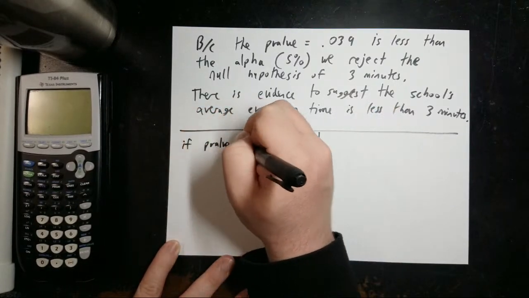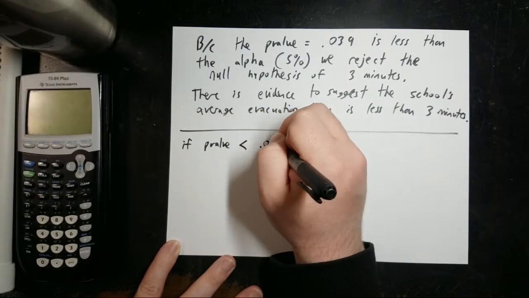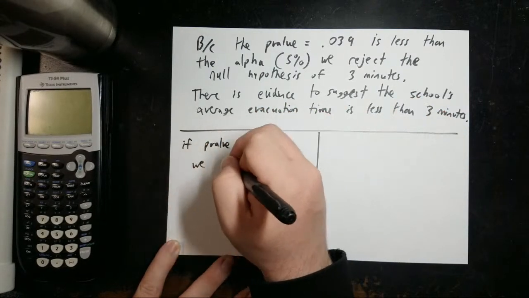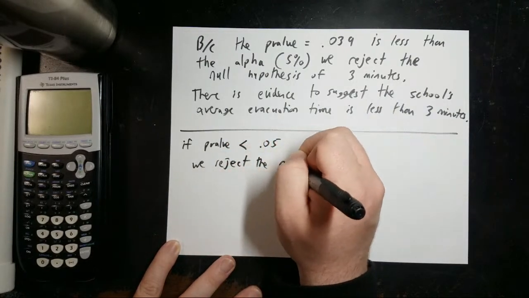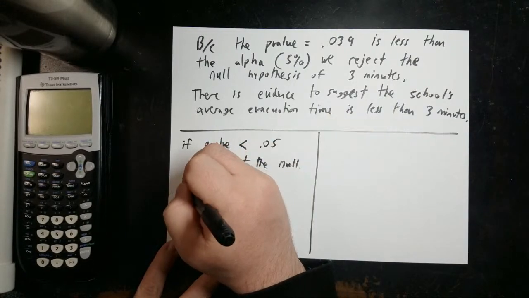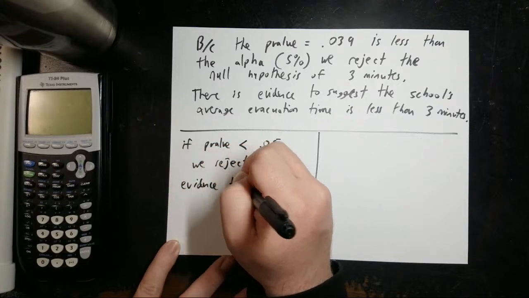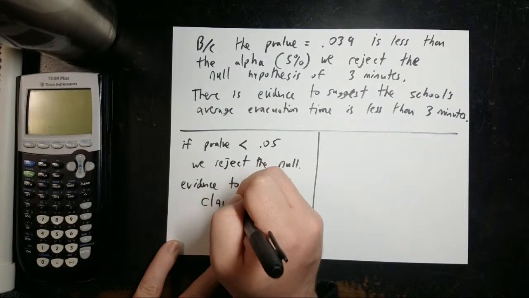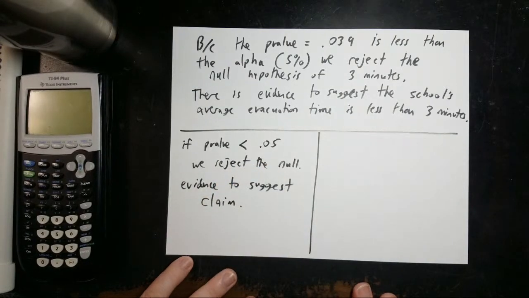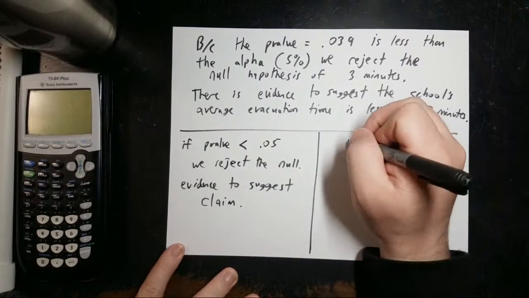If the p-value is less than 0.05, we reject the null. Evidence to suggest the claim, the claim being made by the principal or school administrator, whatever you want to call them.